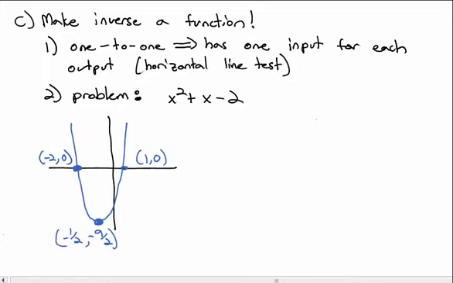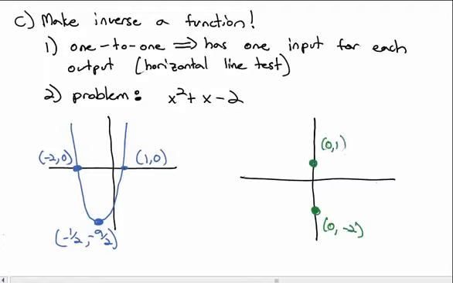And if I were to try and graph the inverse function, -2, 0 would flip around to be 0, -2. And 1, 0 would flip around to be 0, 1. And -1/2, -9/2 would flip around to be -9/2, -1/2.